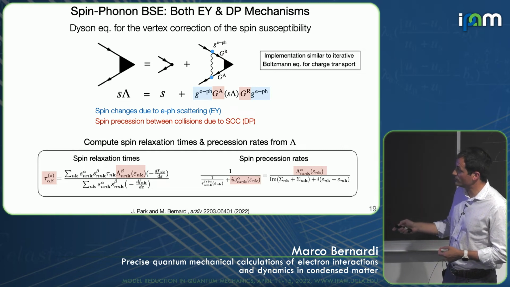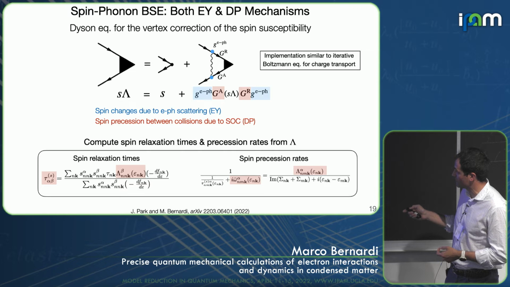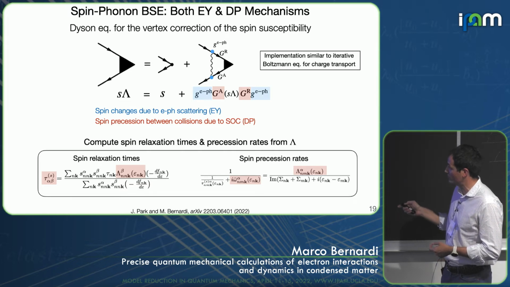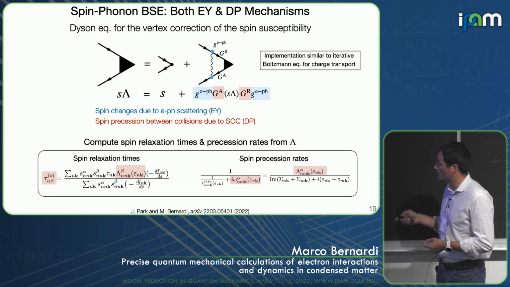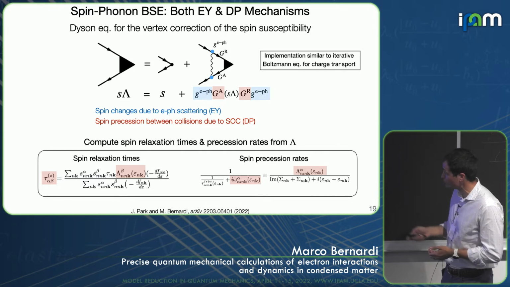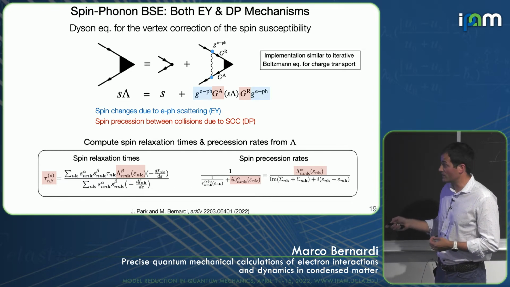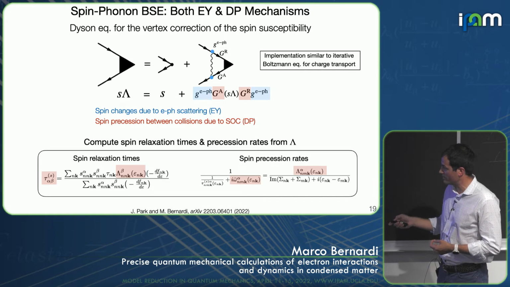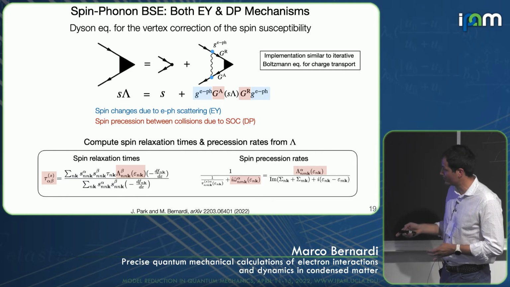And the idea then is to solve this equation numerically, which actually is not too difficult computationally. It has a similar cost and algorithm to solving the Boltzmann equation for charge transport. Once you have this vertex function that corrects the spin, you can compute the spin relaxation times and also the spin precession rates.